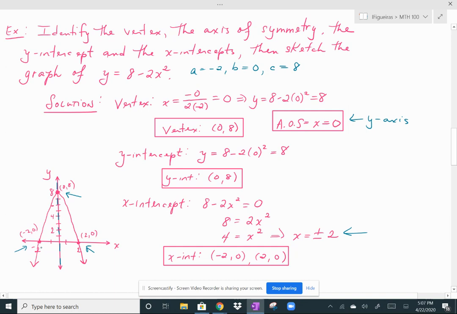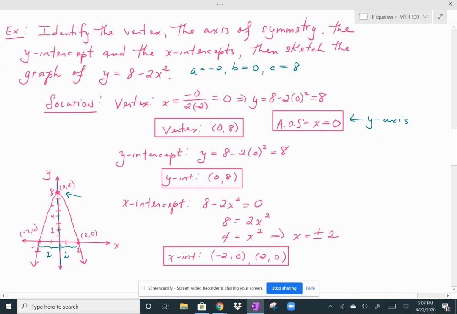That's why the distance from the axis of symmetry to here is 2 units, and the distance from here to here is also 2 units. So the axis of symmetry can actually help you find points anywhere along the graph because the distance from one side to another will always be consistent.